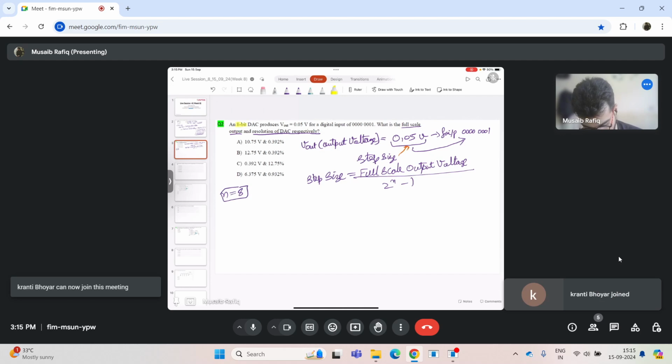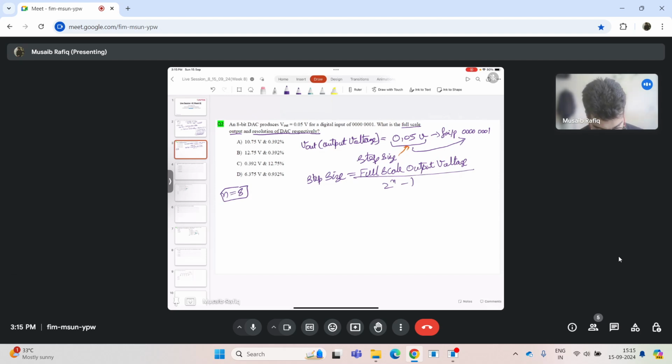That implies full scale output voltage is equal to step size times 2 raised power n minus 1. Step size is 0.05, and this is 2 raised power 8 minus 1. So this will be 0.05 multiplied by 255, and this is equal to 12.75 volt. So your full scale output voltage is 12.75 volt.